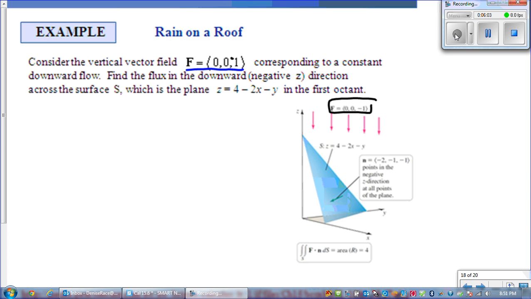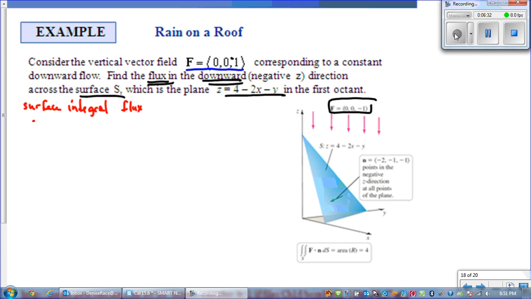Okay, I want to find the flux in the downward direction, so it's orienting it for me, across the surface, which is given by this. So since we're looking for a flux across a surface, we're wanting to find a surface integral for flux of the vector field.